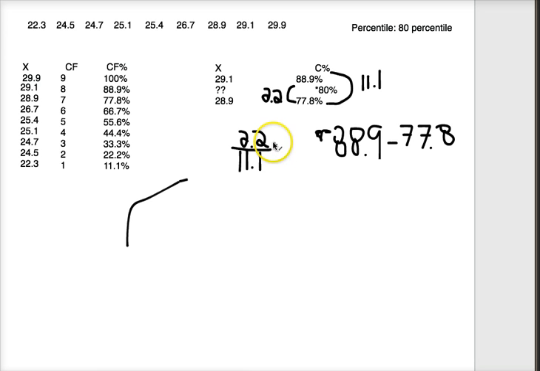We want to find this number right here, which you should get as 0.1982. And we're going to use that to plug into an equation in a minute.